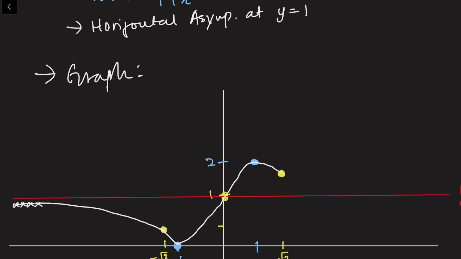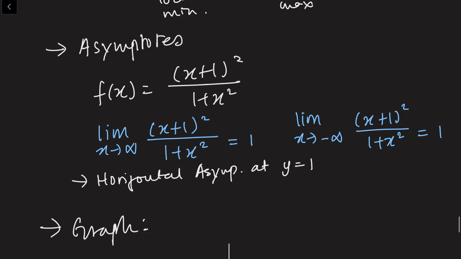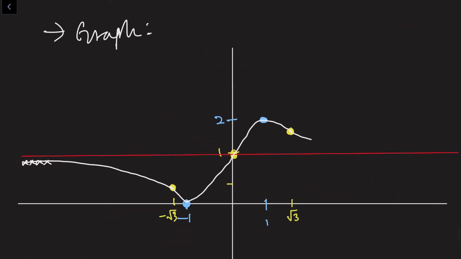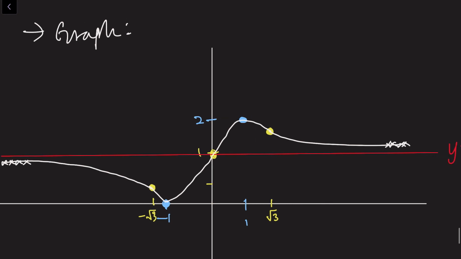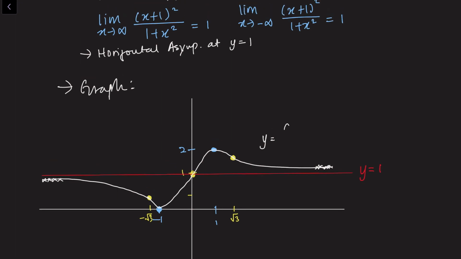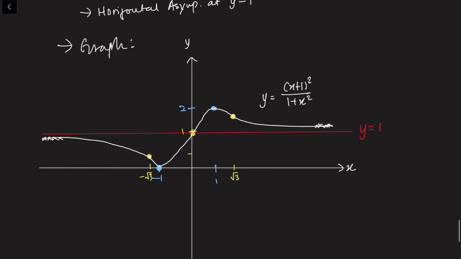And after root 3, it is concave up and decreasing, but it will not touch our horizontal asymptote. And this is our graph. Label it: y equals (x plus 1) squared over (1 plus x squared). And with that, we are done with this graph.